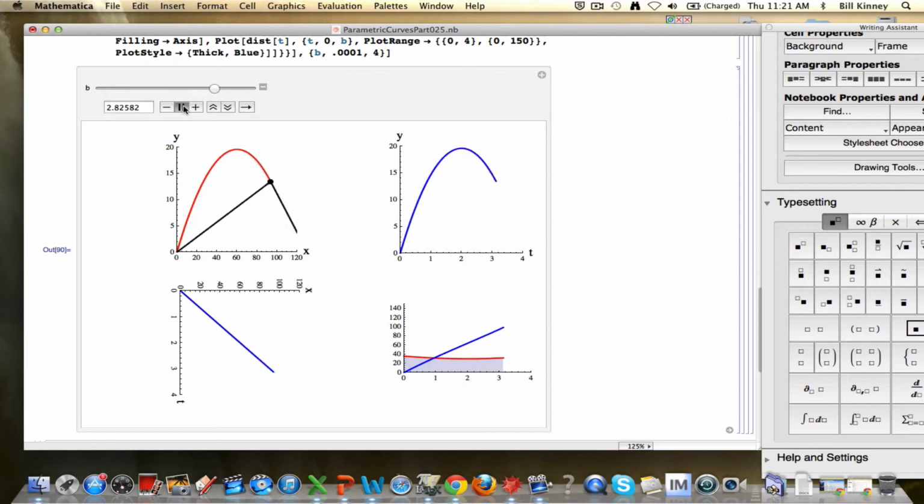The claim again is that the area under the red graph over any time interval gives you the value of the blue graph. Does that seem reasonable here? We'll end this video by thinking about if it seems reasonable. We'll go out to time 4. What's the area of this shaded region? It's a little smaller than a rectangle that would have a base of 4 and a height of about 36. 36 times 4 is 144.